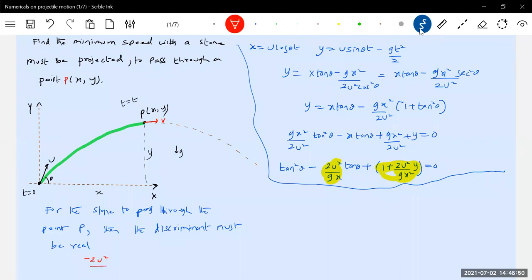Minus 2u square by g x whole square minus 4 into 1 into 1 plus 2u square by g x square y, and b square minus 4ac must be greater than or equal to 0, will write it for the condition to be real.